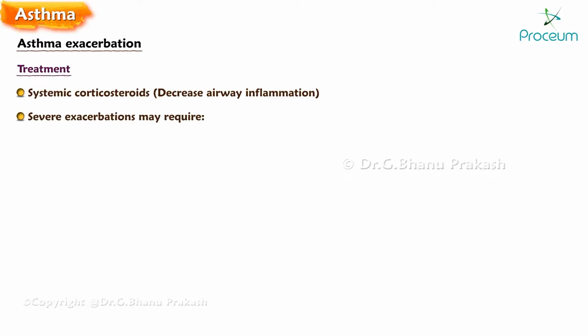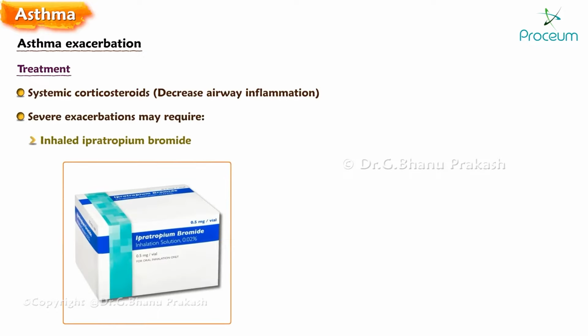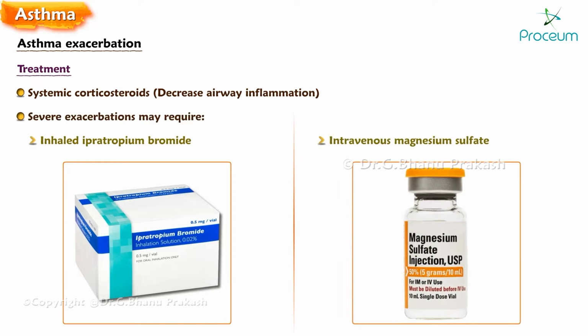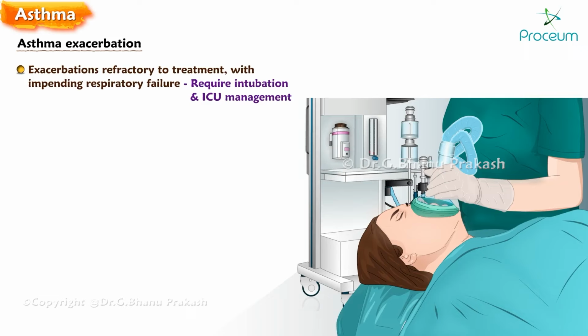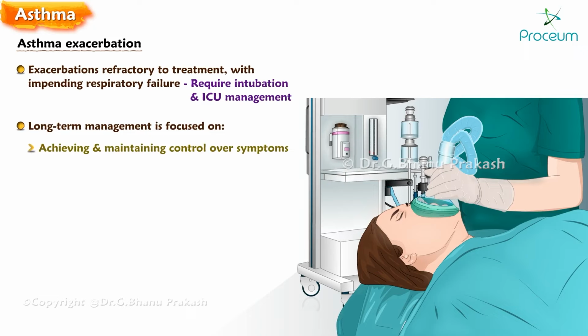Severe exacerbations may require inhaled ipratropium bromide and intravenous magnesium sulfate. Exacerbations that are refractory to treatment with impending respiratory failure require intubation and ICU management. Long-term management is focused on achieving and maintaining control over symptoms, maintaining normal activity levels, and preventing exacerbations.